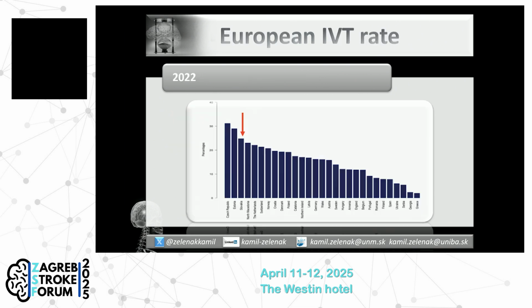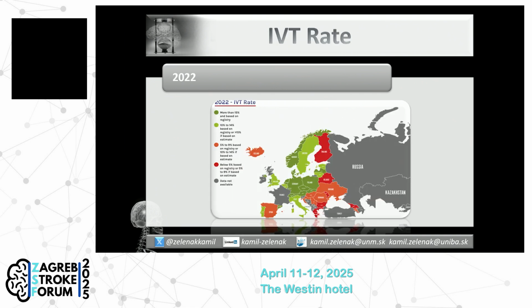So if you look at European countries, the IV rate is really nice. It's definitely more than 20%. And here you can see the distribution, or the map of the countries, according to the rate of IV thrombolysis.